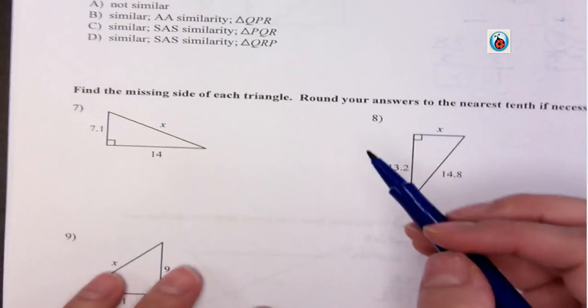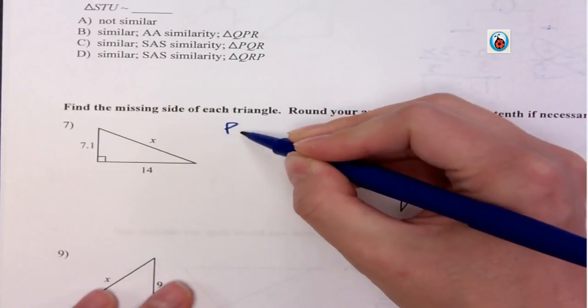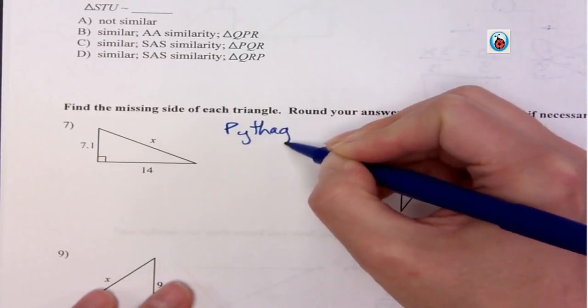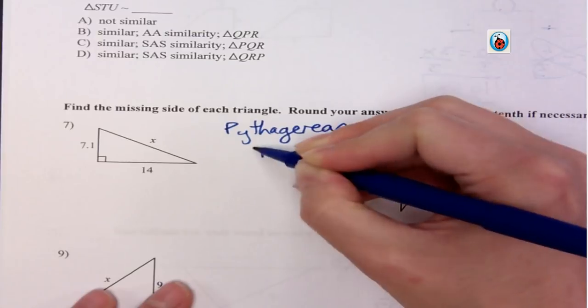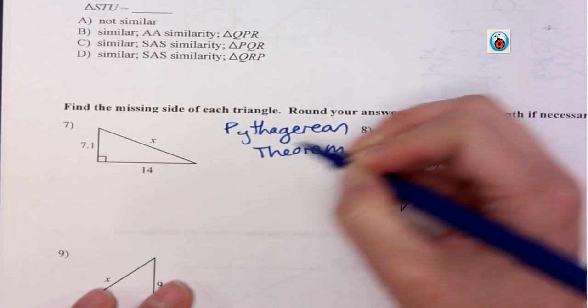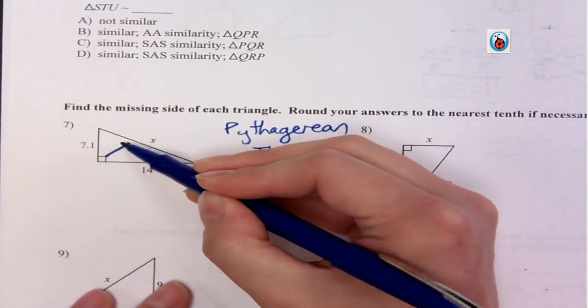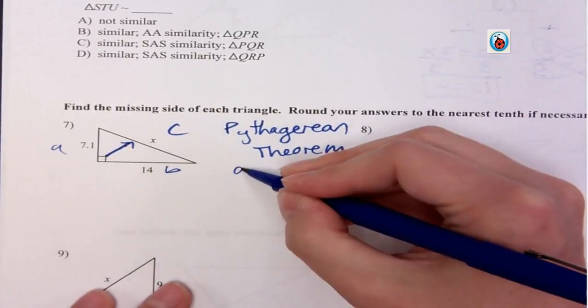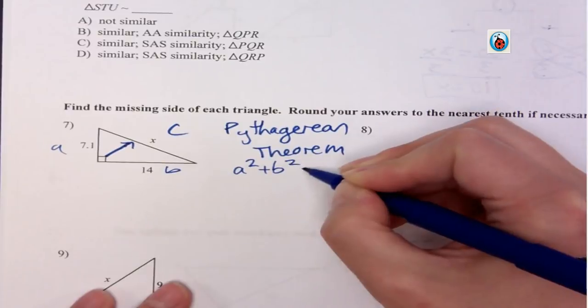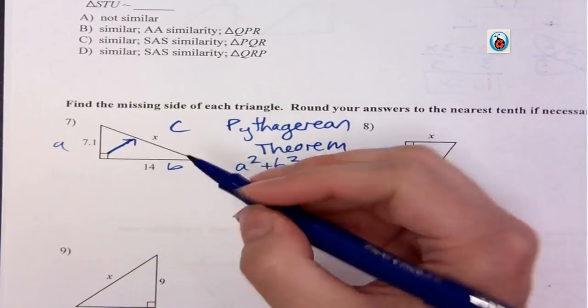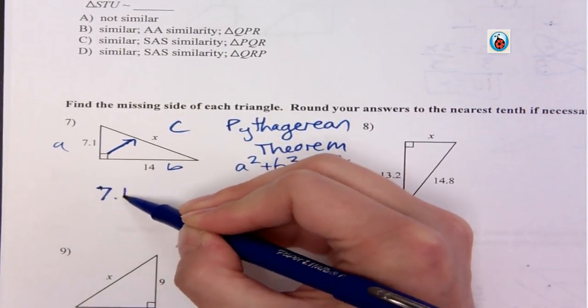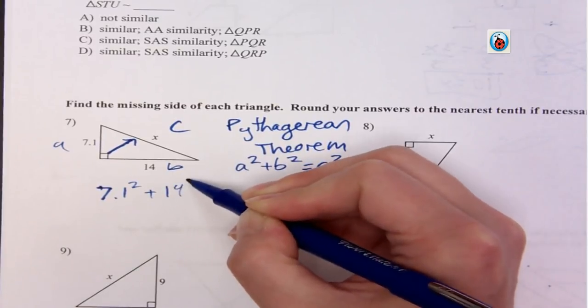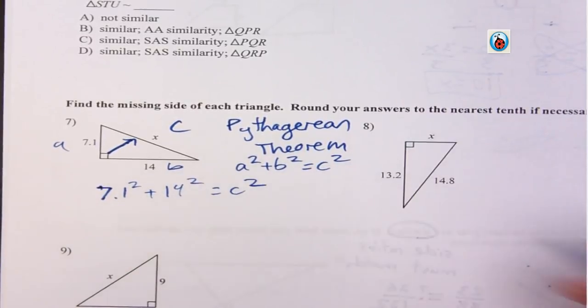Alright, our next one is just missing side, which means it's Pythagorean theorem. Okay, when we have two sides, we just remember across from the hypotenuse is our C, the other sides are A and B, so it's just our A squared plus B squared equals C squared. And so 7.1 squared plus 14 squared equals C squared.